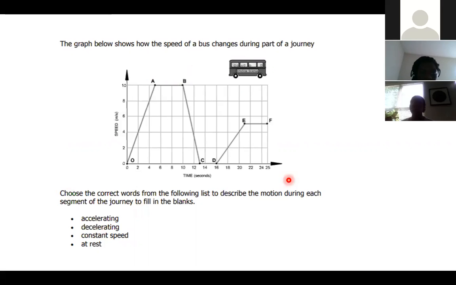So you're looking at this graph, you're trying to figure out when is it accelerating, decelerating, at a constant speed, or at rest. So you could say from O to A, A to B, B to C, C to D, D to E, E to F. You can write it down in your notebook and then we'll see how you did. Let's take about 2 minutes.